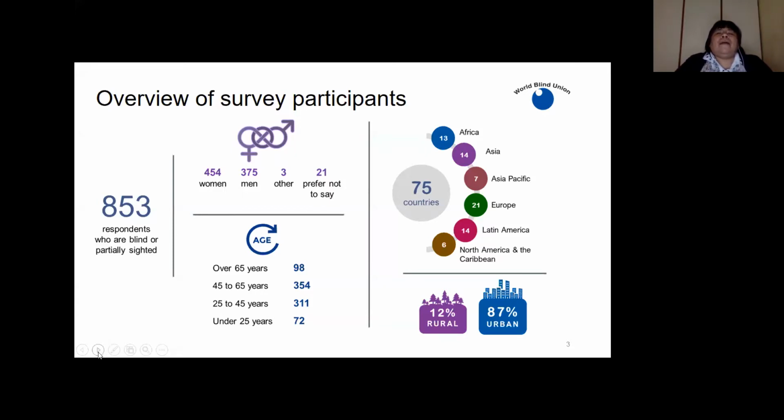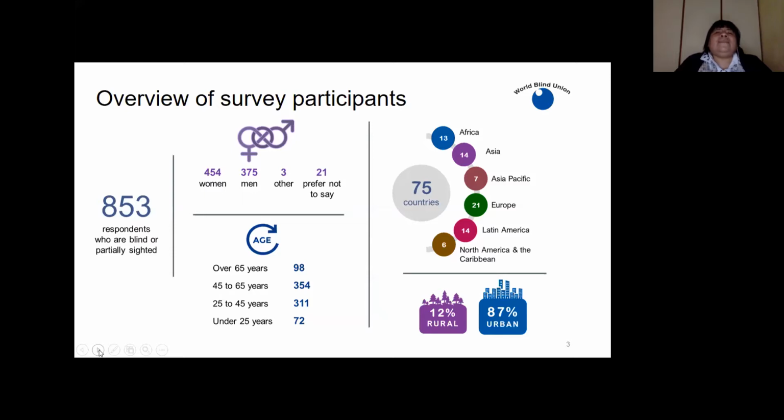Most are between 45 and 65, 311 people aged 25 to 45, and 72 people under 25 years old.